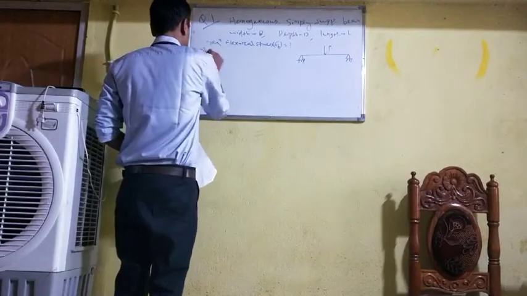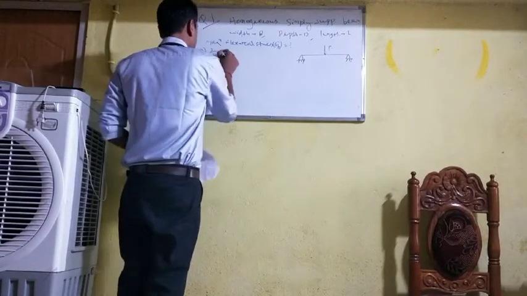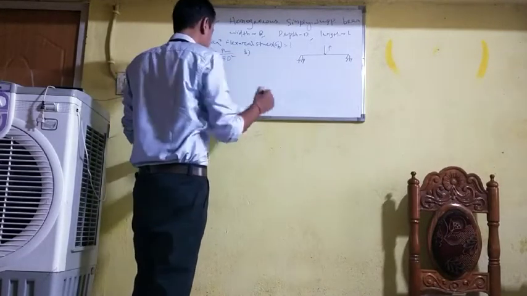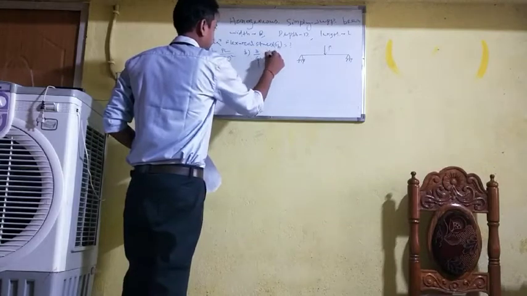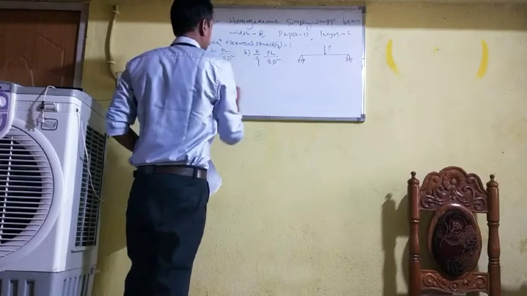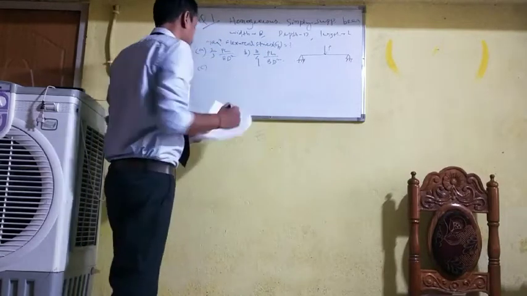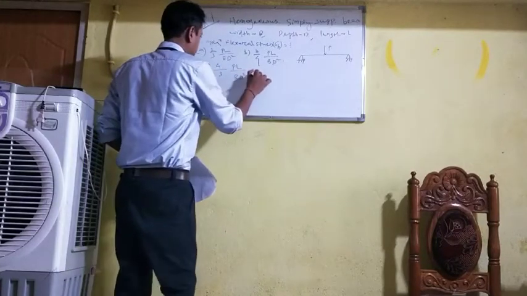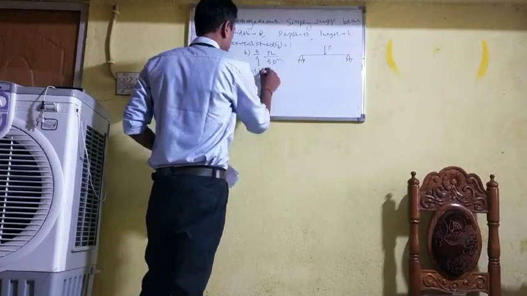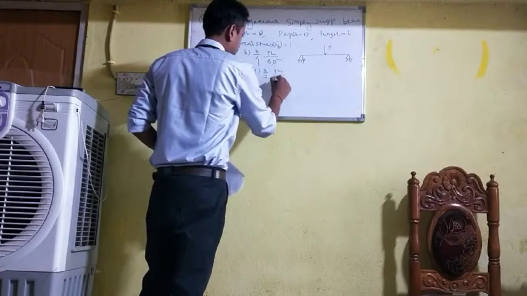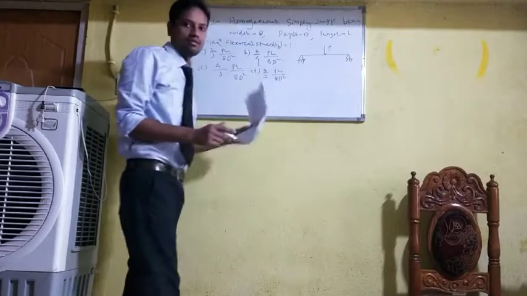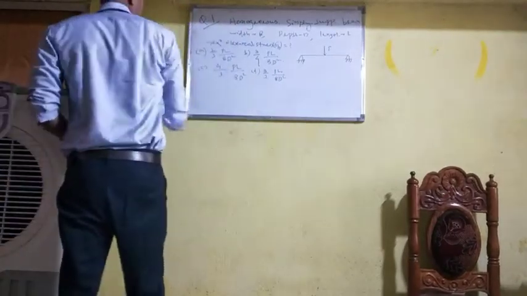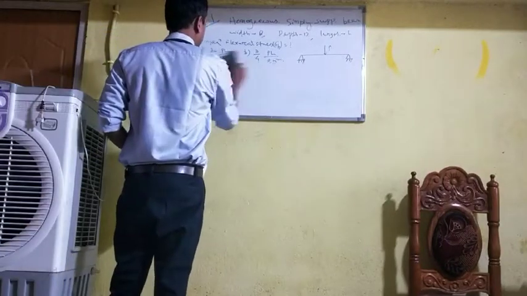Our options are given as option A 2 by 3 PL upon BD square, option B 3 by 4 PL upon BD square, option C 4 by 3 PL upon BD square, and option D 3 by 2 PL upon BD square. So these are our options. Okay, so let's find the solution.